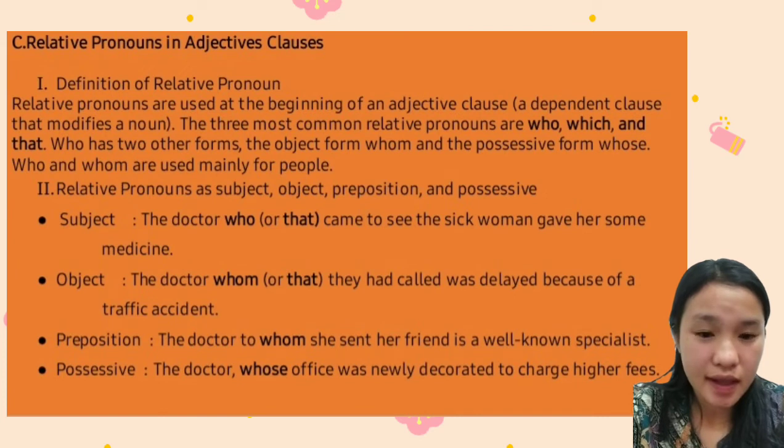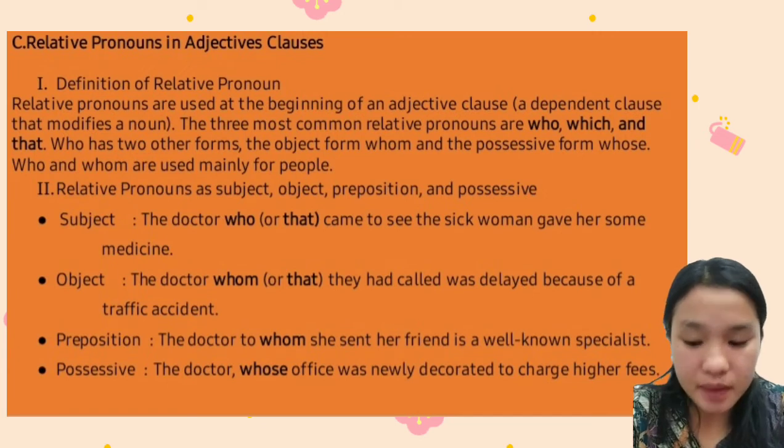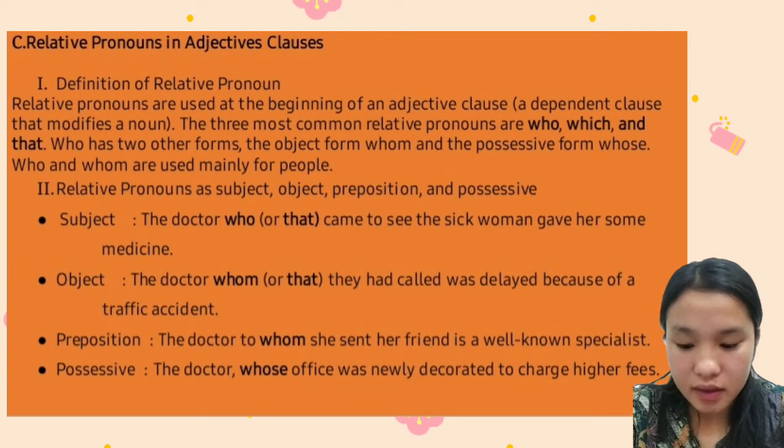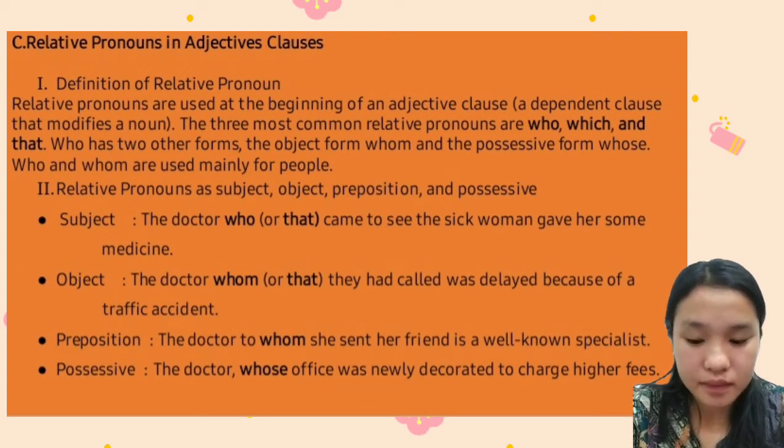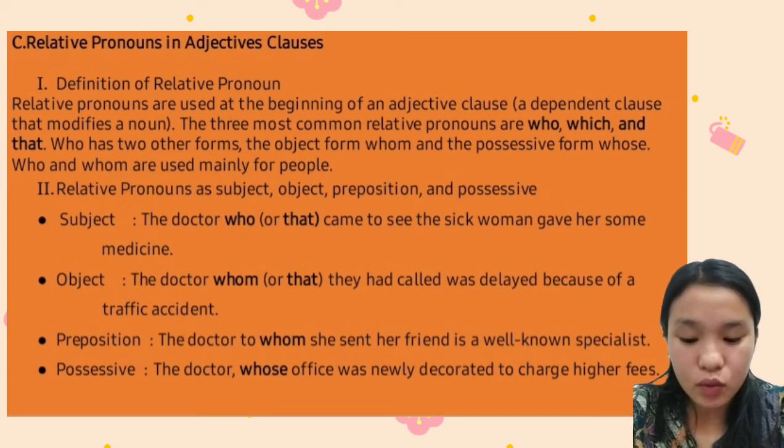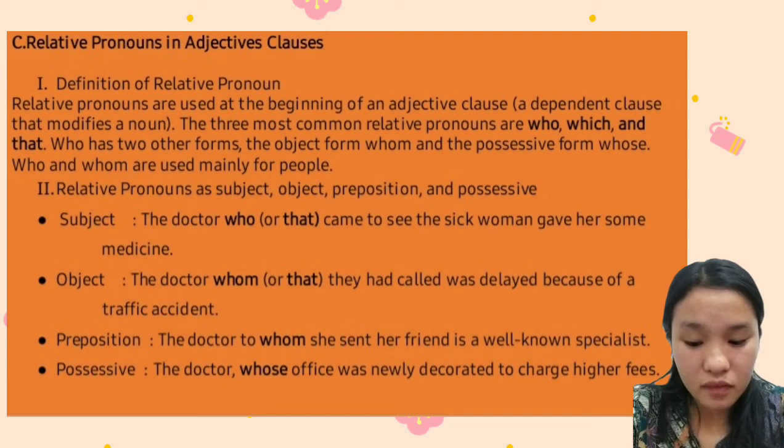Relative pronouns as subject, object, preposition, and possessive. Example: relative pronouns as subject, for a person. Number 1. The doctor who or that came to see the sick woman gave her some medicine. The word who or that is a relative pronoun as subject.